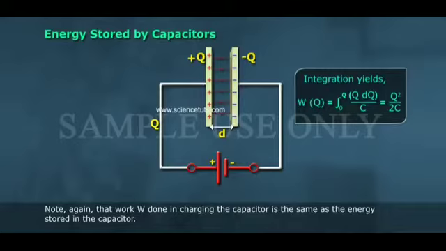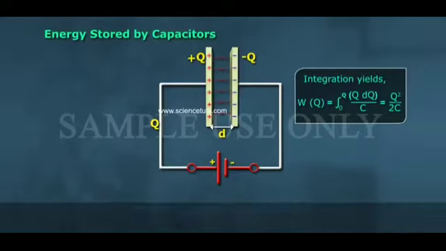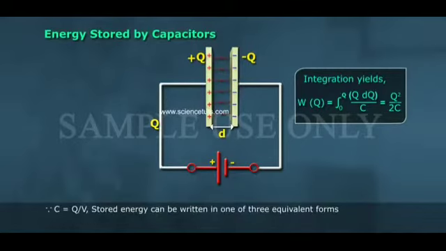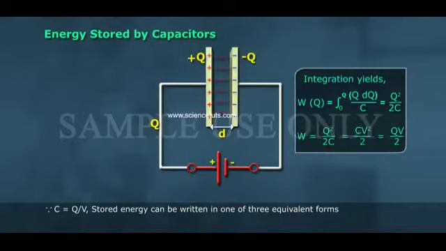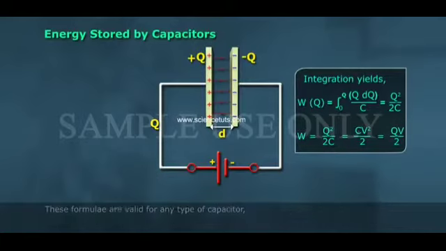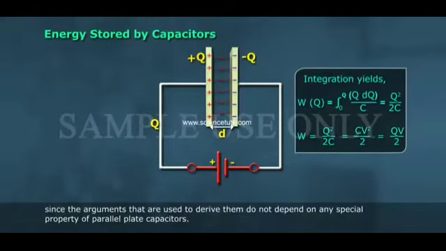So, UE is equal to Q squared by 2C is equal to 1 by 2 CV squared. Here Q is equal to CV is used. The stored energy is thus directly proportional to the capacitance of the capacitor and the square of the voltage between the plates of the capacitor.